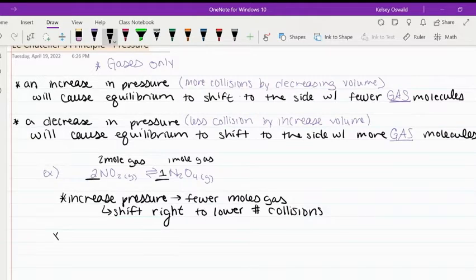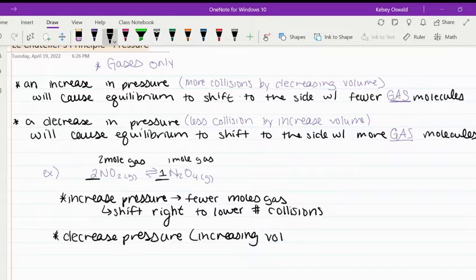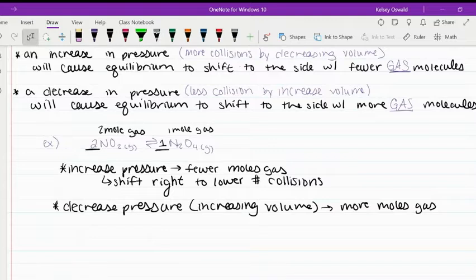However, if we had the opposite, if we decreased our pressure, and remember, we decrease our pressure by increasing volume, giving those particles more space to move, here we're going to move to the side with more moles of gas, because we want to regain those collisions that we're losing by increasing the volume.